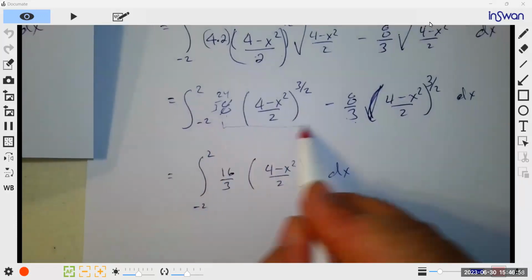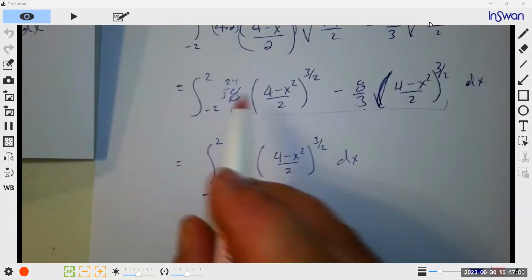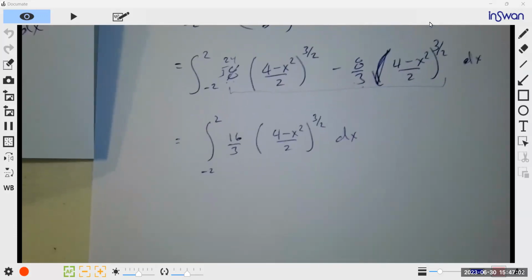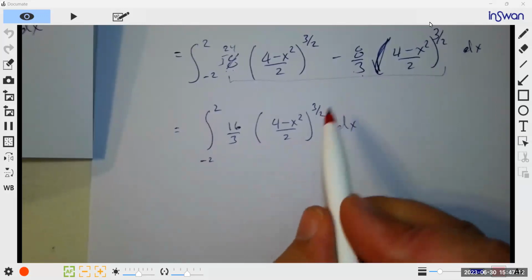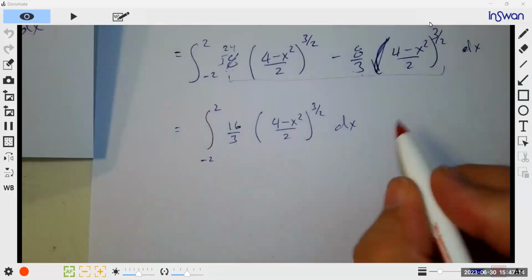I combine these two, just the coefficients.